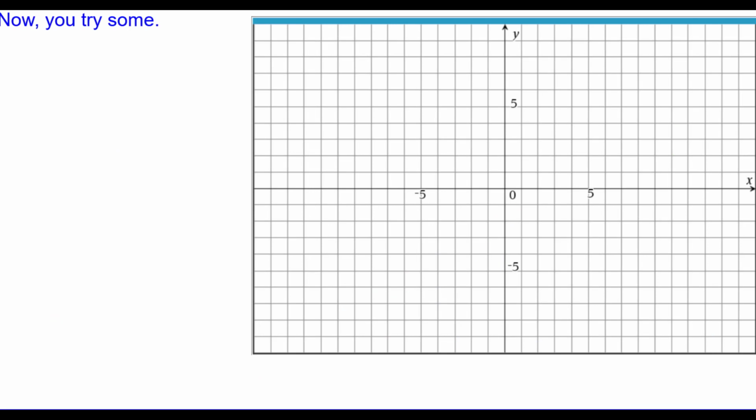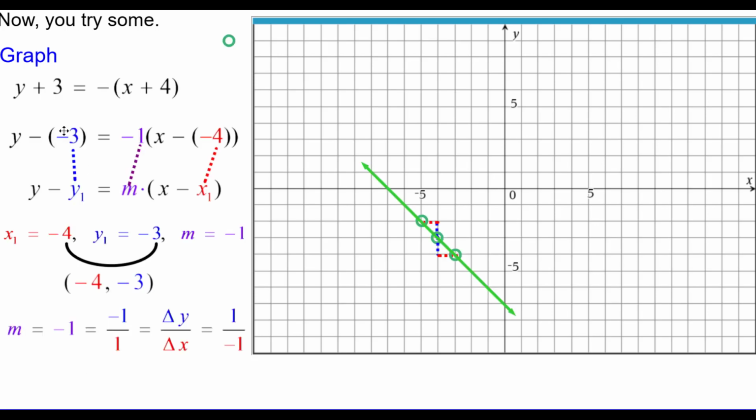Now you try some. Graph this equation, y plus 3 equals the opposite of the quantity x plus 4. I'm just going to show you the answer, so go ahead and finish this problem. Resume when you're ready. I had to rewrite this as y minus negative 3 equals negative 1, so I have a number for the slope. And I had to rewrite this as x minus negative 4.